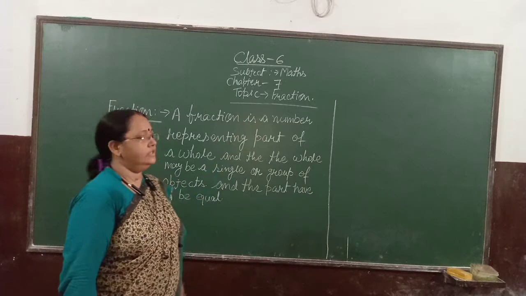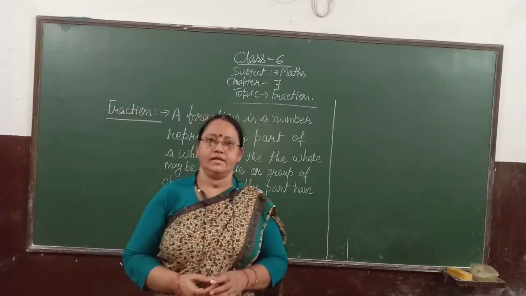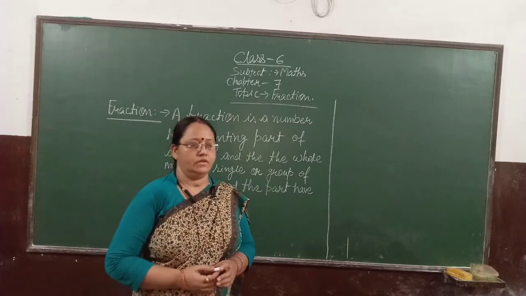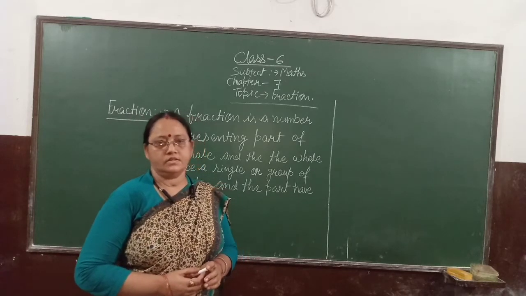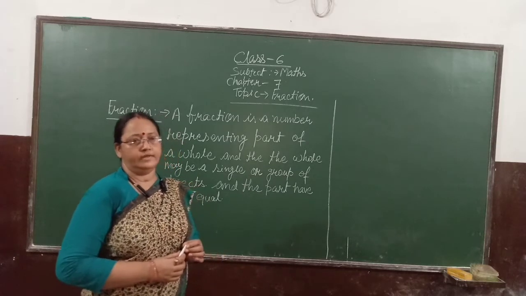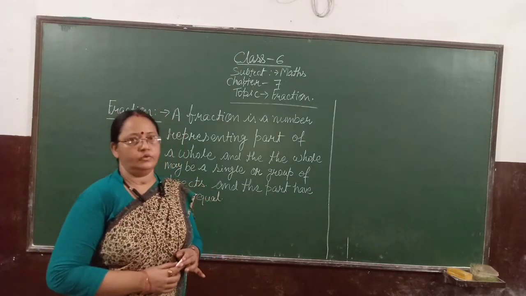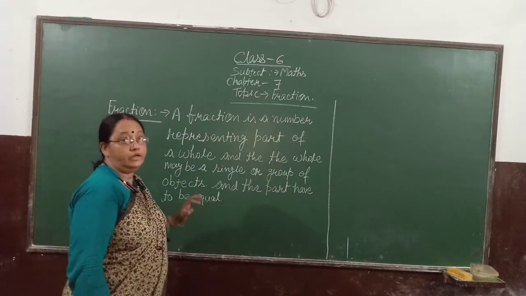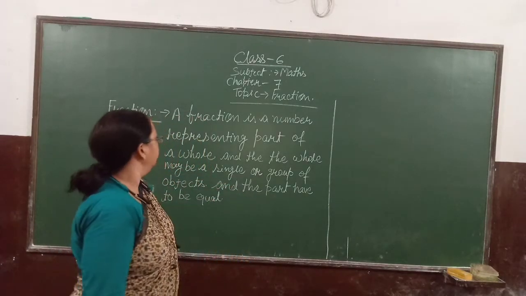Today I am going to start fractions, chapter 7. Now, the question arises here: what is a fraction? Students, as you studied in your previous class, a fraction is a part of a whole, and this whole may be a single, complete object or a group, and the parts should be equally divided.